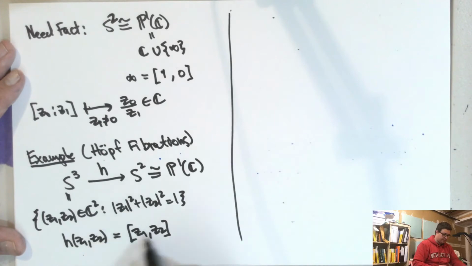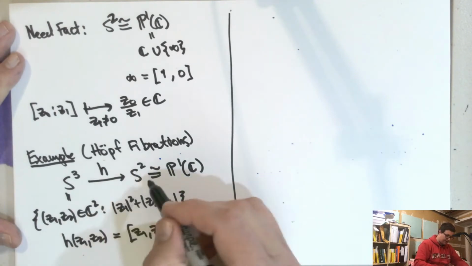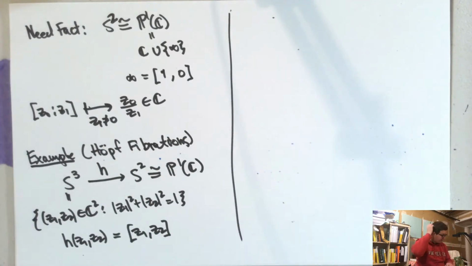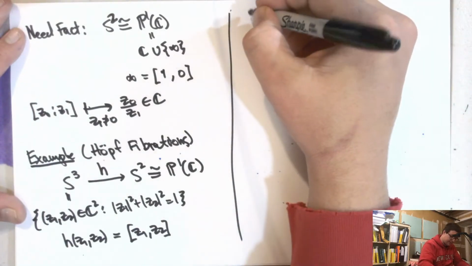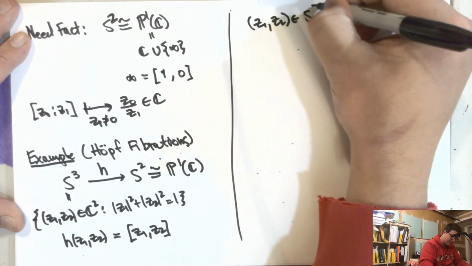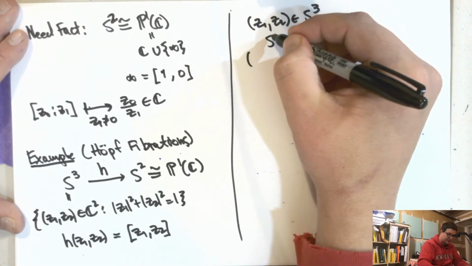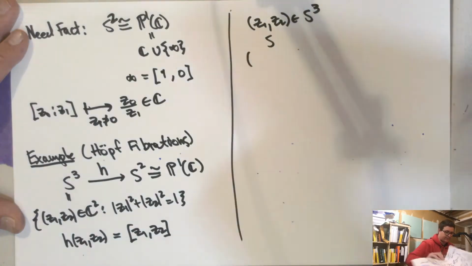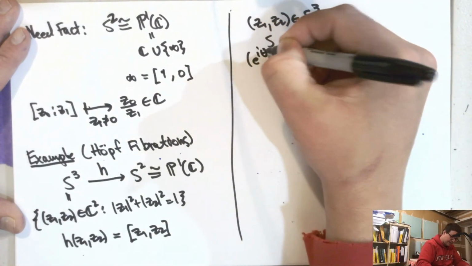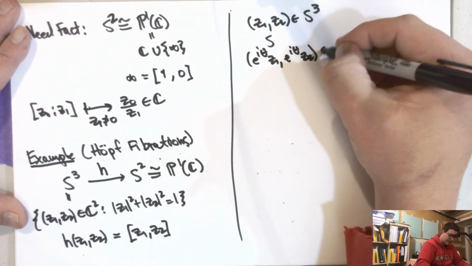So this is the map here, and you'll notice that given two elements on the 3-sphere viewed inside C2, Z1 and Z2 in S3, this is similar, using the equivalence relation we used to define projective space, to e to the i theta Z1, e to the i theta Z2. This is another point in S3.